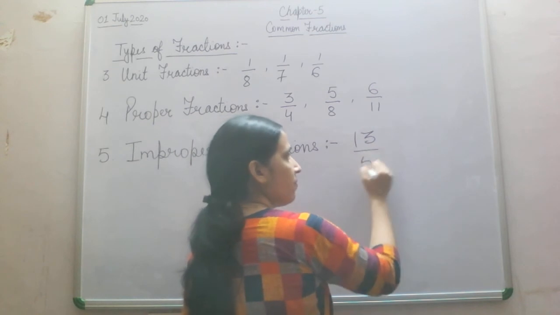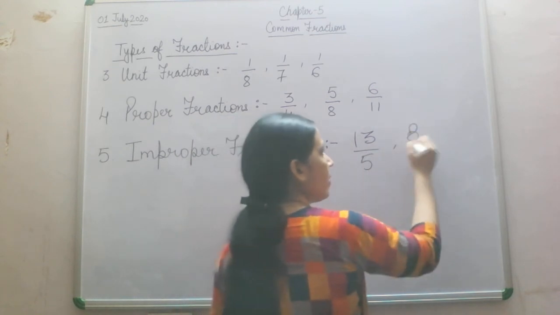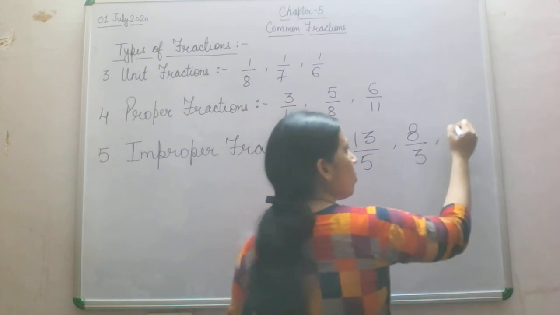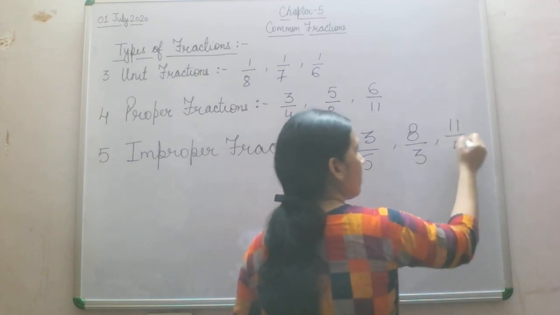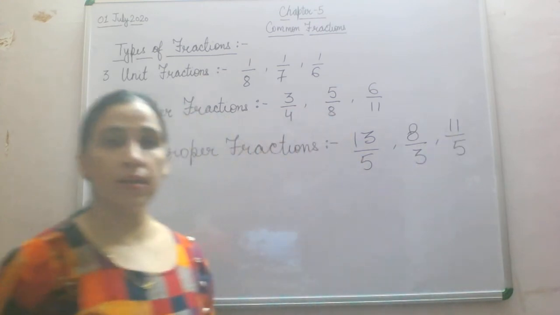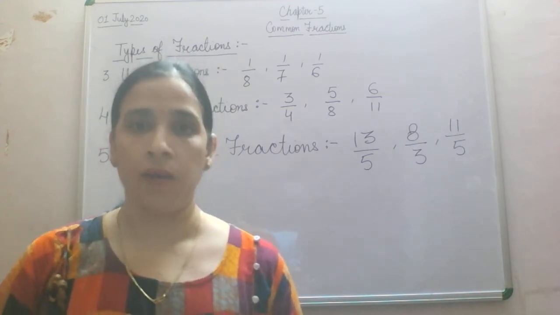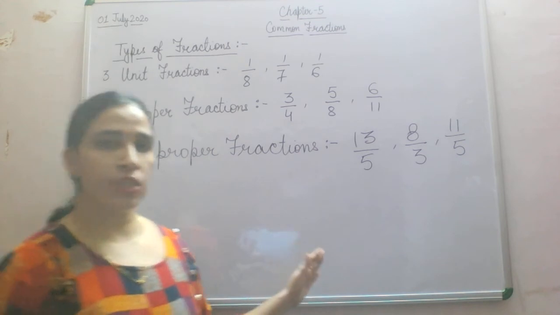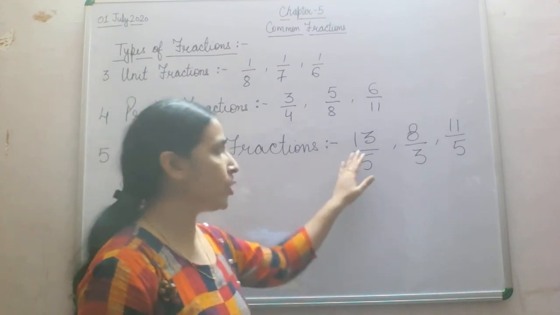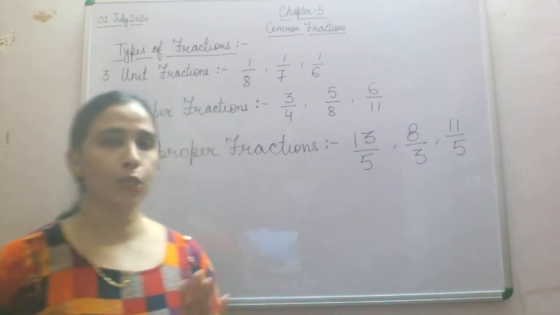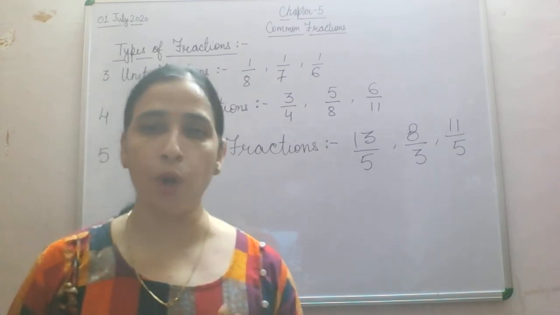Like 13 by 5, or if I write 8 by 3 or 11 by 5. These all are the examples of improper fractions. Fine. So in an improper fraction we have the numerator greater than the denominator, and in a proper fraction the numerator is less.